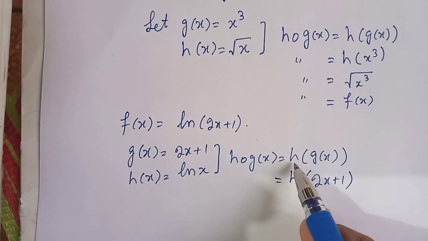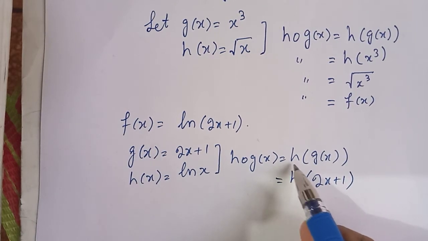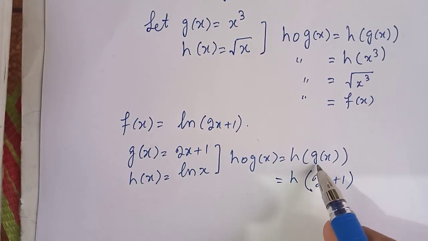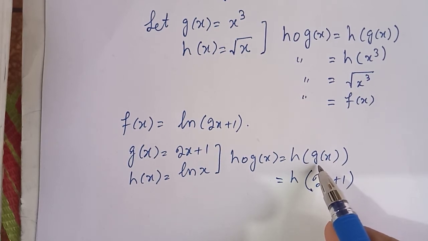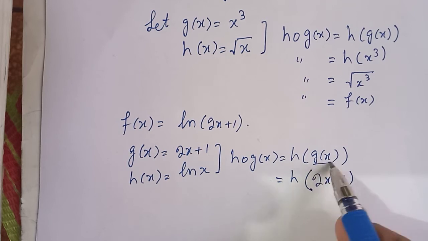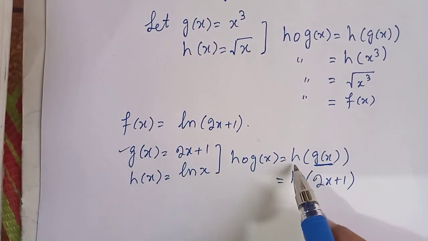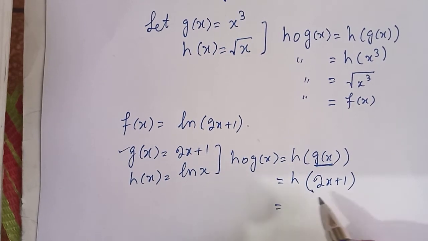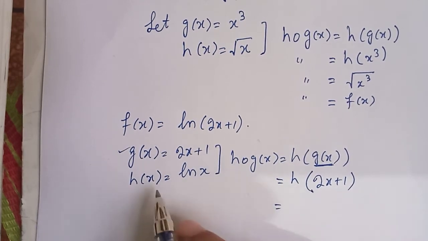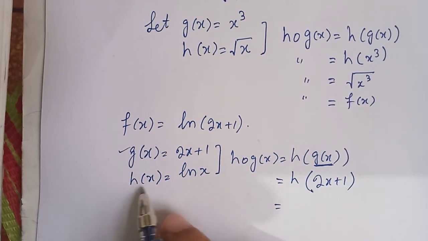Actually in composition, the range of one function is contained in the domain of the other function. So clearly you see that g of x is in the range of the function g, which is in the domain of the given function h. Now use the definition of h of x.